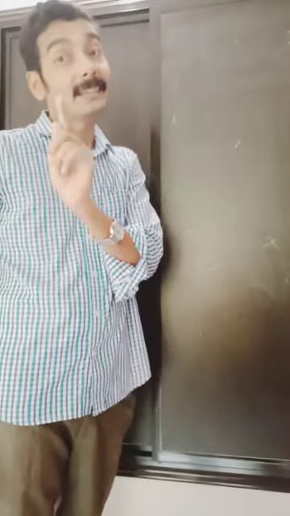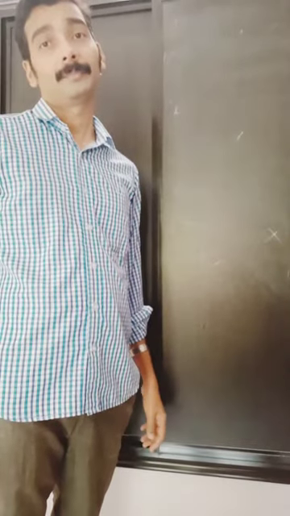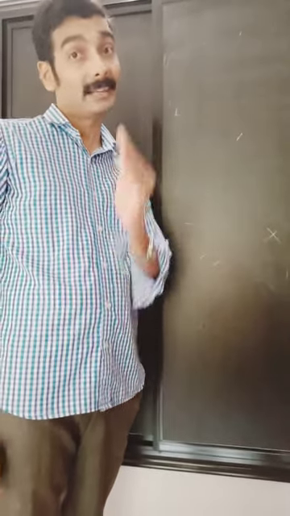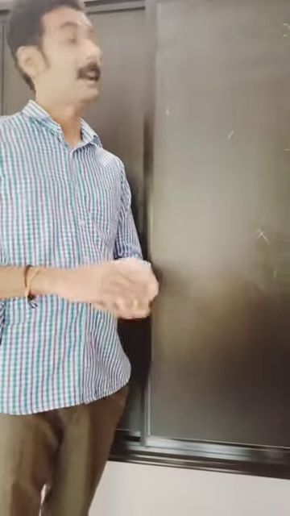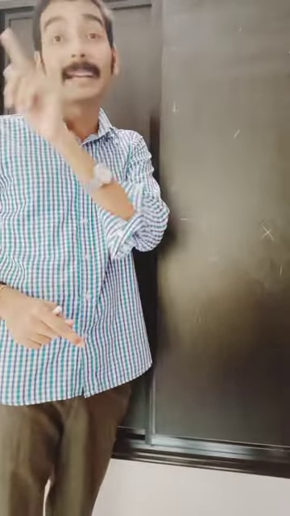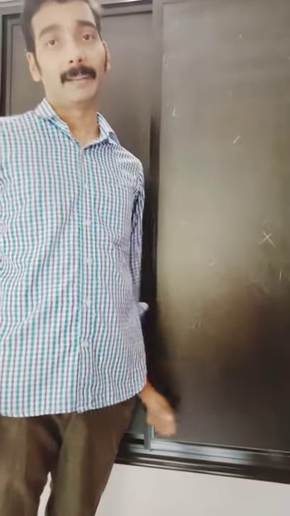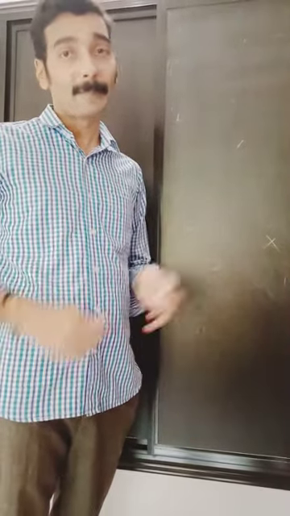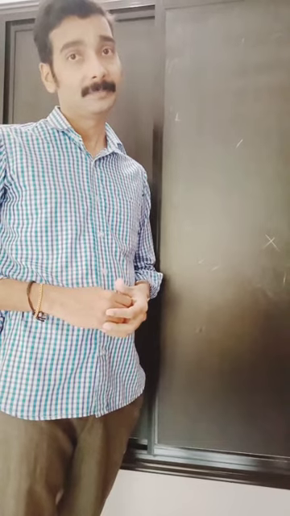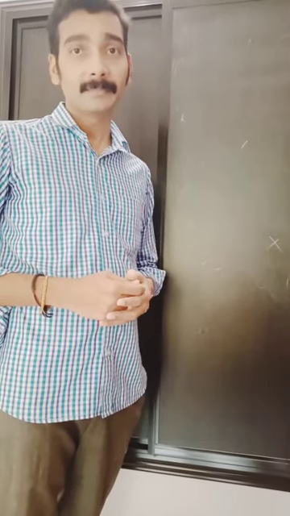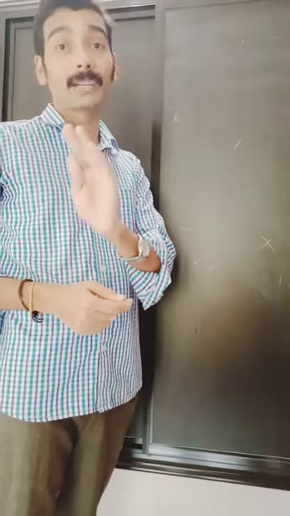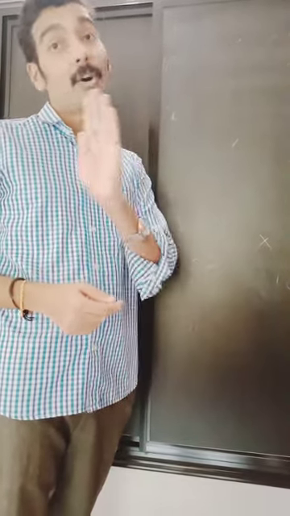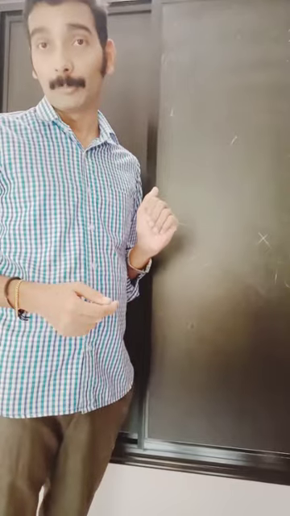Another one is simplest form, reducible form. Another one is comparison of decimals. And last one is multiplication of decimal. Okay, these topics are clear, students? You catch my points?